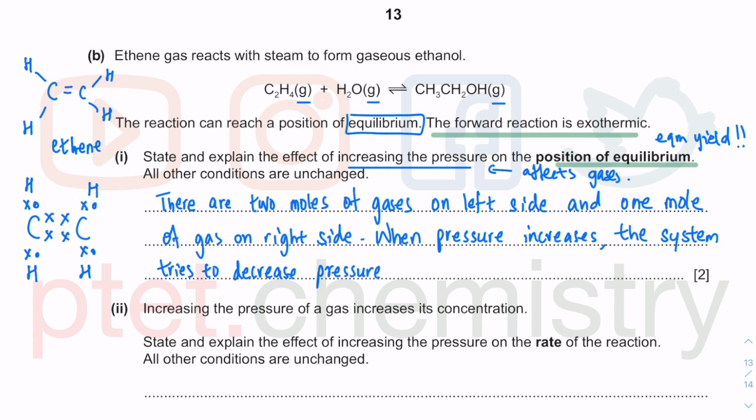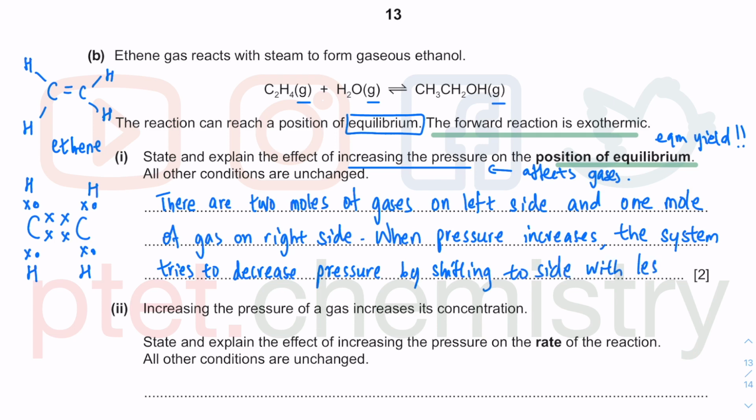And how would it do that? Well, the side with the lesser gases is the right side. Lesser gases mean lesser molecules of gases. Lesser molecules of gases will exert lesser pressure because lesser molecules hit the walls of the container, so lower pressure. If you try to decrease pressure, you will shift to the side with lesser gaseous molecules.